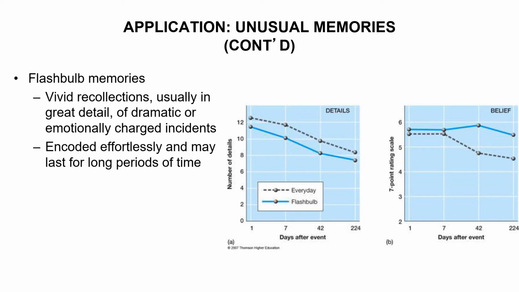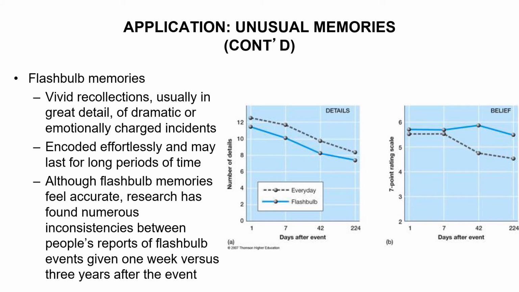So flashbulb memories, and the reason why that transitions into this is because we think we're really good at remembering them. Flashbulb memories are our vivid recollections, usually in great detail, of very dramatic or emotionally charged incidents. These are memories that come with effortless encoding and are believed to last a long time.